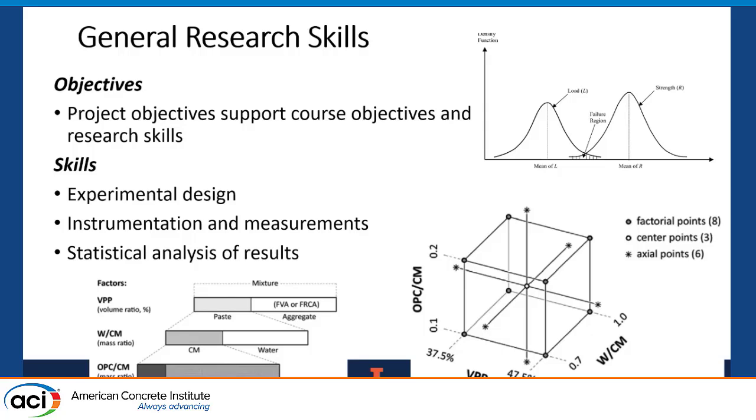There's not that embedded knowledge in prior lab work that would help them understand: I take one variable, I vary it, and then we see how that effect plays out.